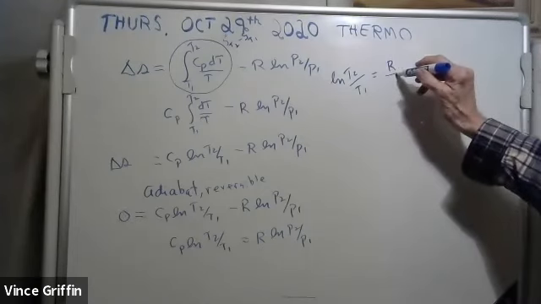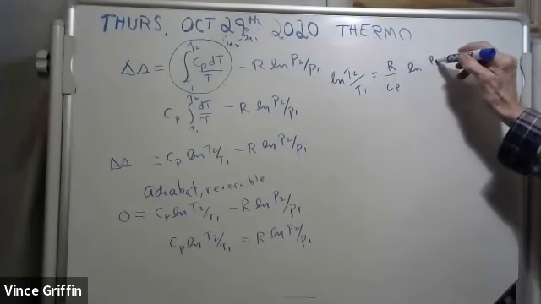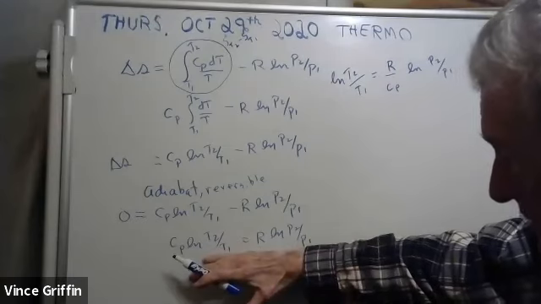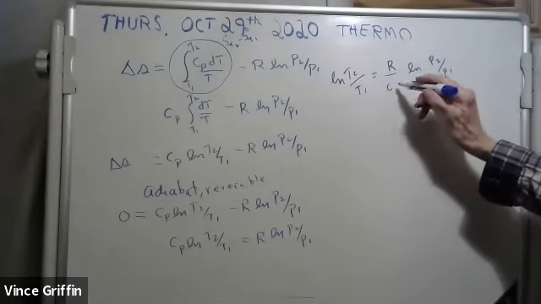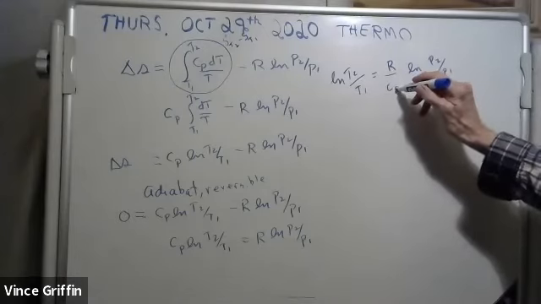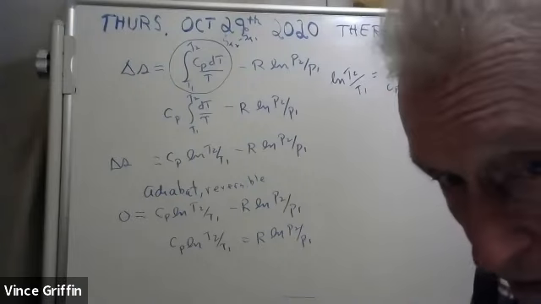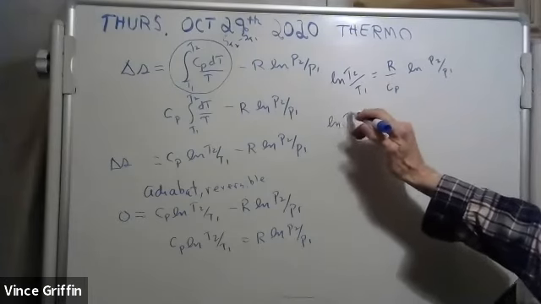Can you get to here? Can you make it from here to here? I hope you can read my writing. All right, now watch it. We're going to do another algebra step. See if you can get to here.